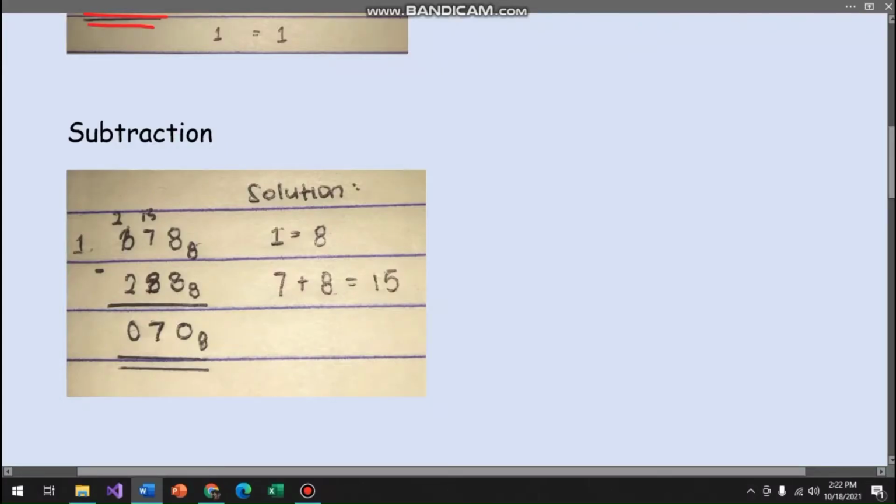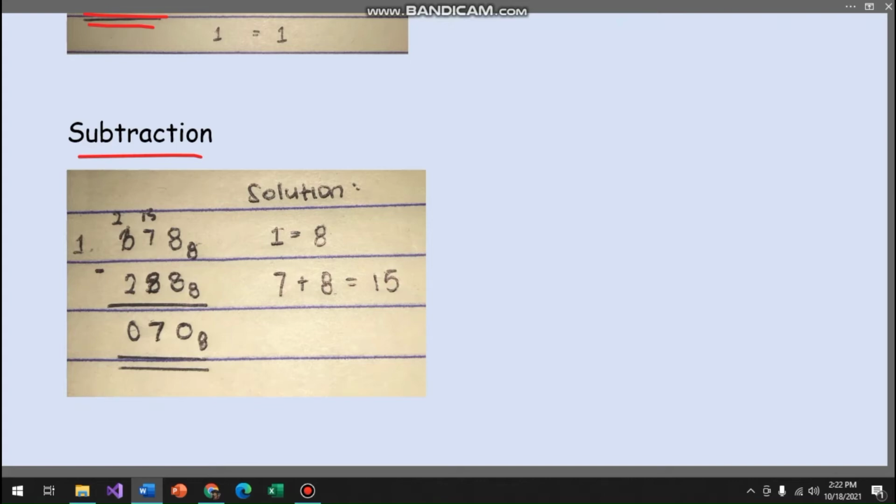Second, the subtraction. In this example, we have 378 base 8 minus 288 base 8. First, we subtract 8 from 8, that is equal to 0, then 7 minus 8. It is insufficient, so we borrow 1 from 3.